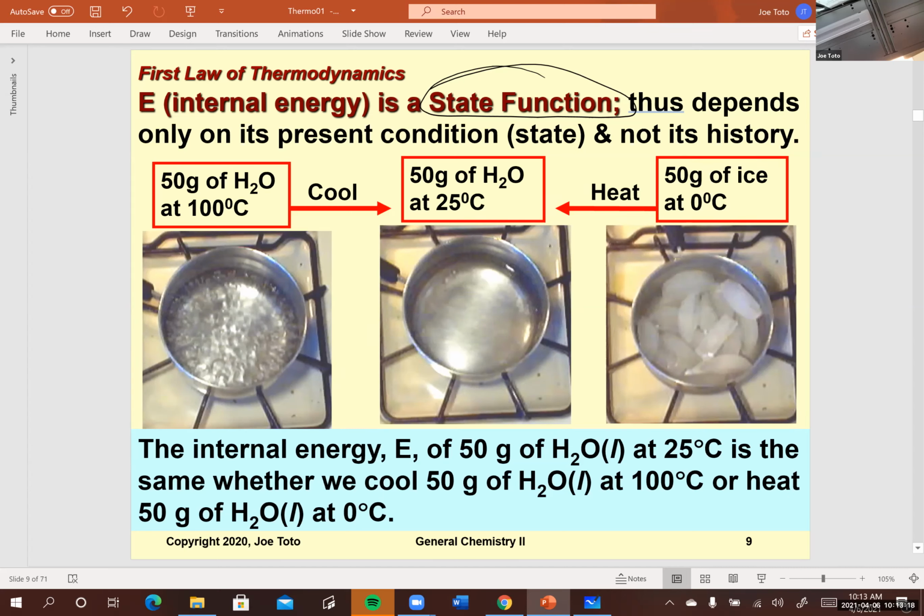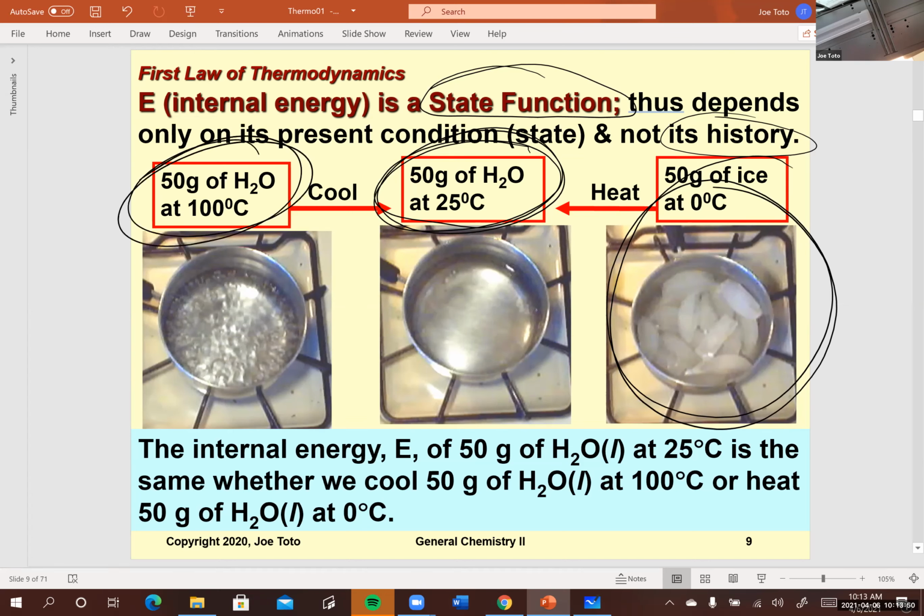What's the temperature of that thing? What's its pressure, and so forth? I don't care anything about its history. So what does that mean? Well, that means that the energy of 50 grams of water at 25 degrees is some value. And that value does not matter whether I created that energy from 50 grams of ice and let it melt, or I took 50 grams of boiling water and let it cool. I don't care about its history.